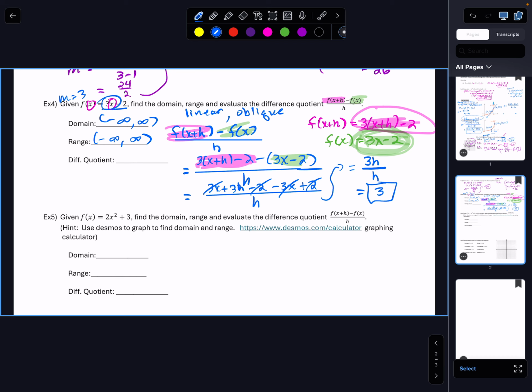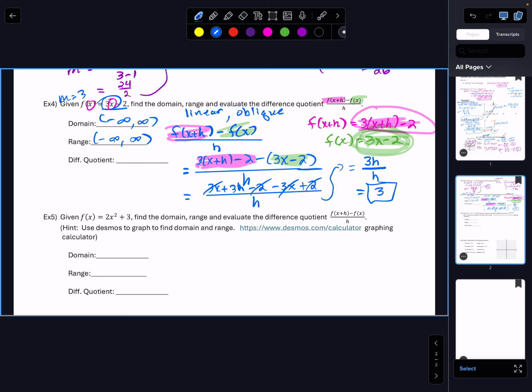The slope is what the slope of the line is. So we should know that it should come out to 3. But you're practicing the algebra, and this is a simpler problem to do the algebra on to start with. So you're trying to practice the difference quotient and trying to learn what you're doing with it. So it shouldn't be surprising that it comes out to 3.